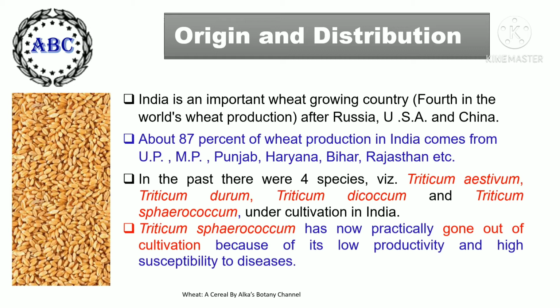But Triticum sphaerococcum has now practically gone out of cultivation because of its low productivity and high susceptibility to diseases.